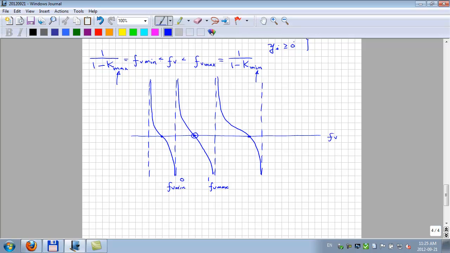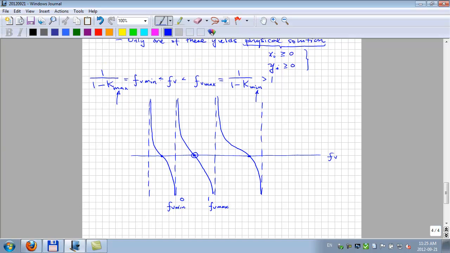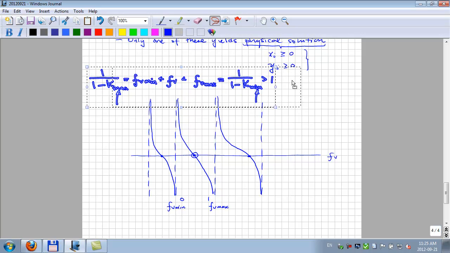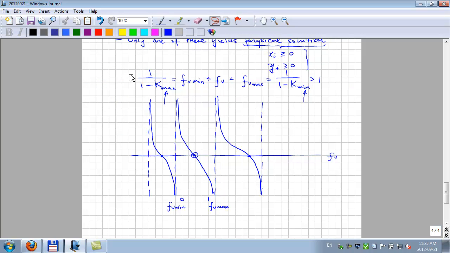So what we can be sure of is that this is always going to be greater than 1, and we can be sure that this thing here is always going to be less than that.